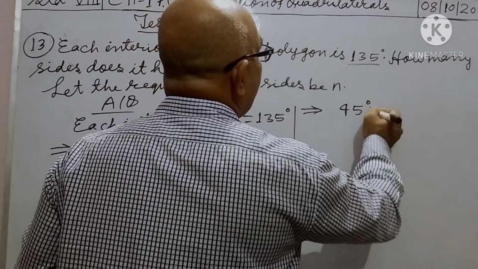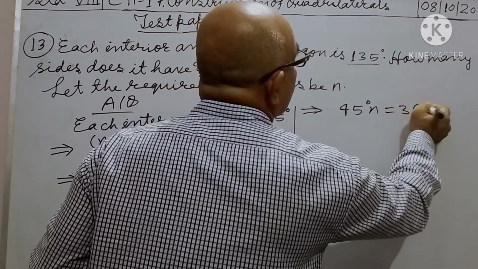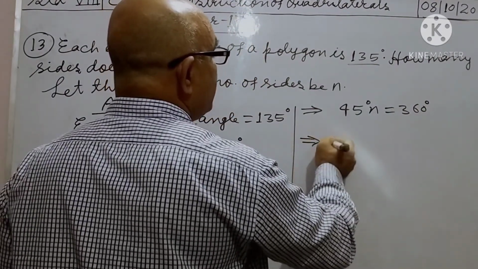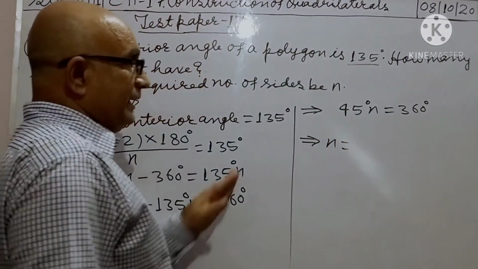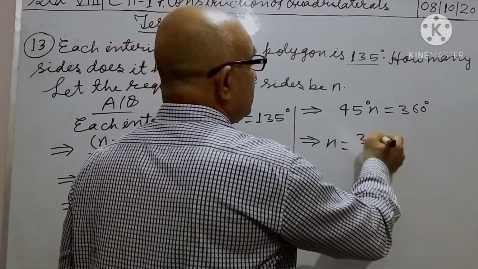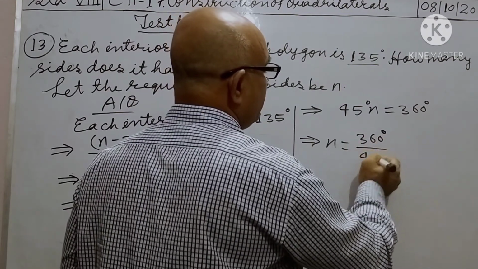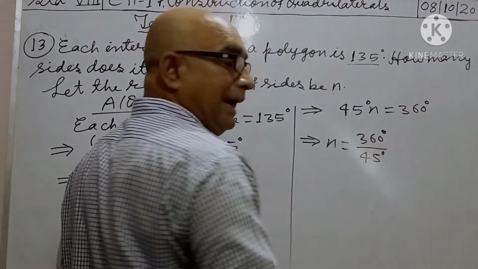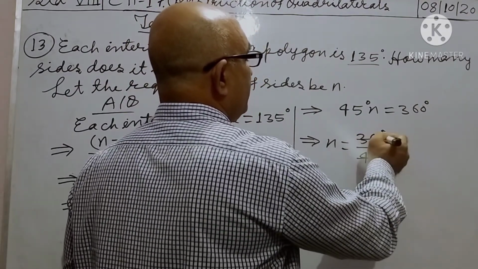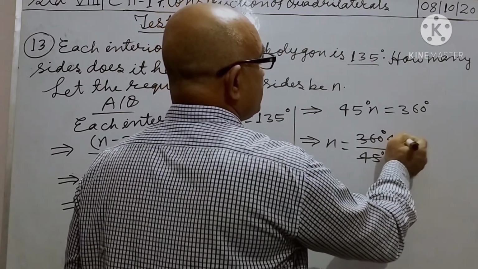So 45 degrees n equals 360 degrees. That implies n equals 360 degrees by 45 degrees. 9 fives are 45, and 9 fours are 36, so 8 fives are 40.